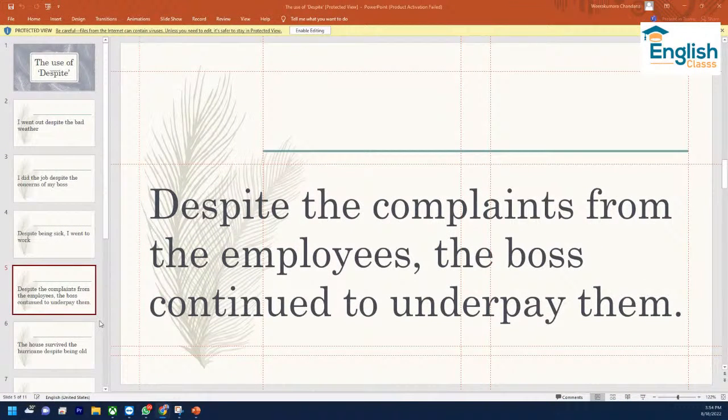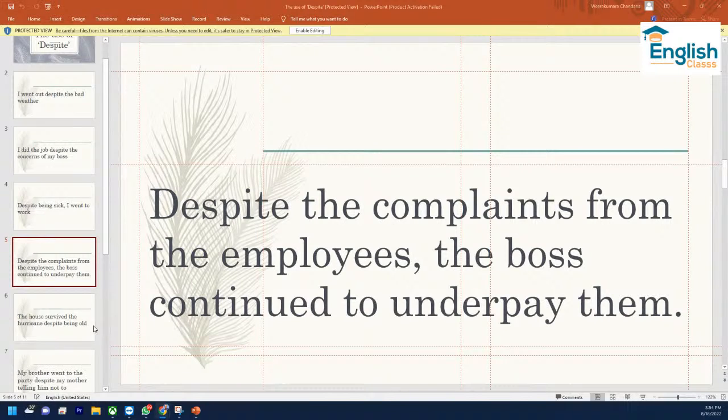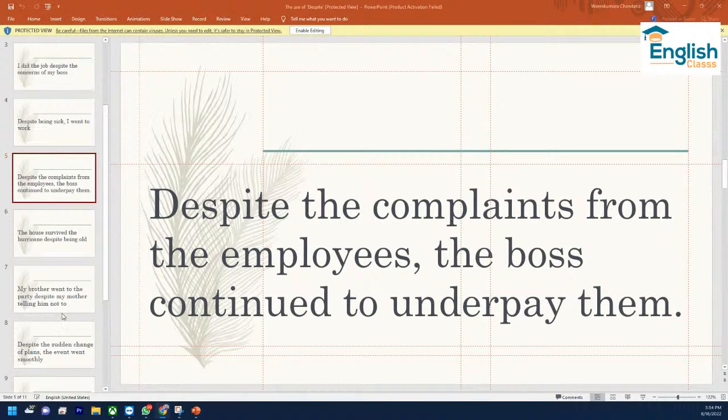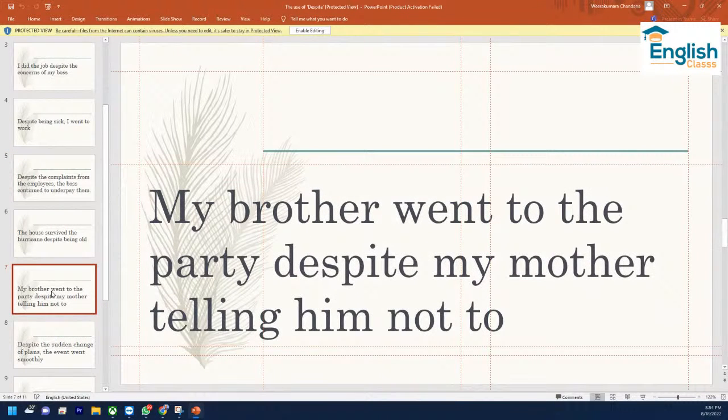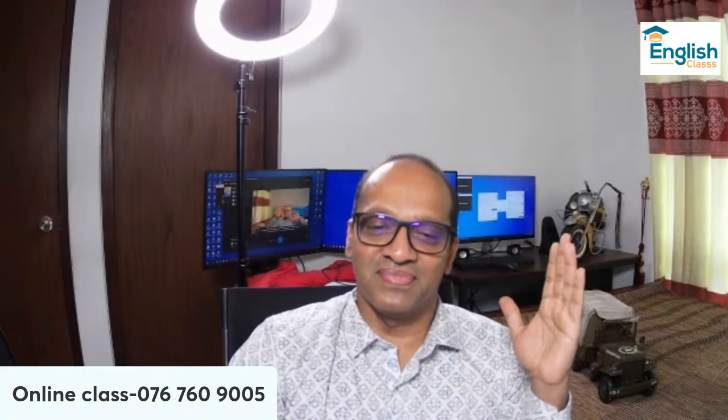Now look at the next example given here. My brother went to the party despite my mother telling him not to. There are two ideas here. We have combined those two ideas by using the conjunction despite. My brother went to the party. He went to the party.